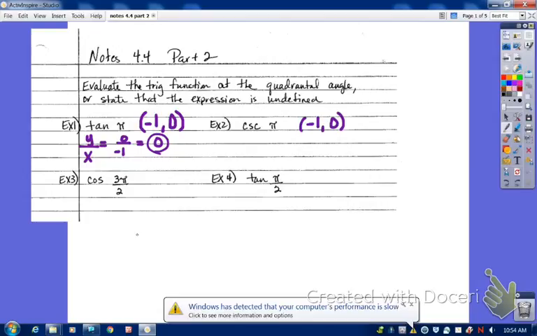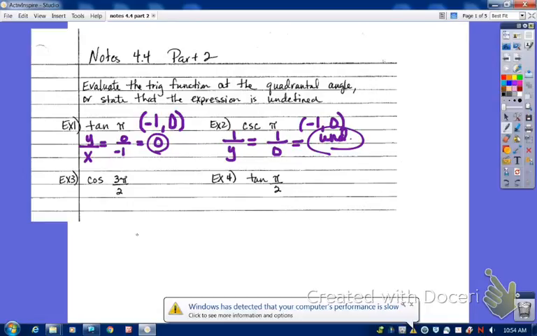So the cosecant value would be 1 over y. So in my mind, I'm thinking, oh, I've got to forget about those right triangles because they've already gone back to a circle. So that would be 1 over what? What's the y value of that point? 0. 1 over 0 is undefined.